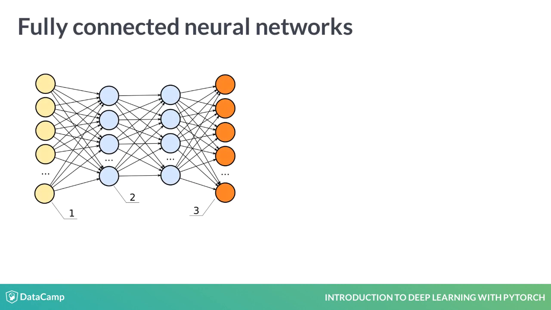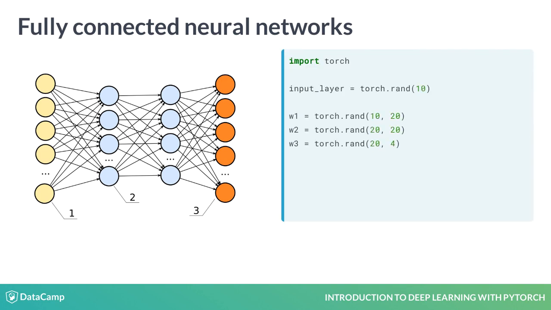Each neuron, or better called unit to avoid analogy with biological neurons, in a layer is connected with every unit in both the previous and the following layers. These connections are called weights and are represented by a matrix, or tensor. As input, we have an input layer containing 10 units.